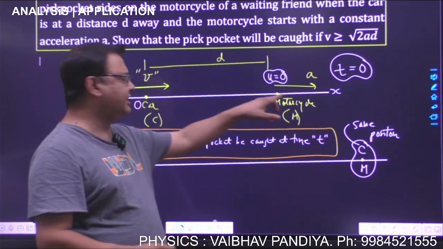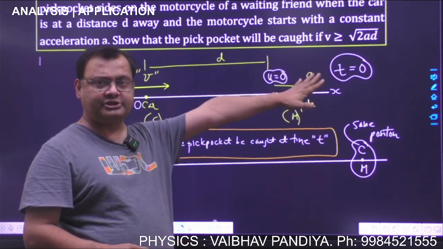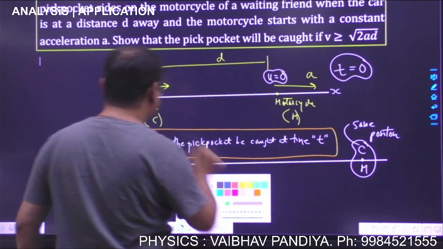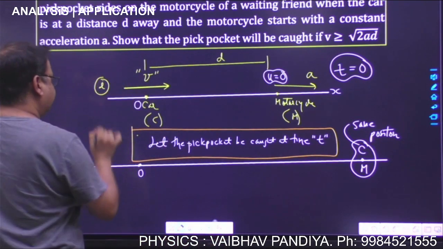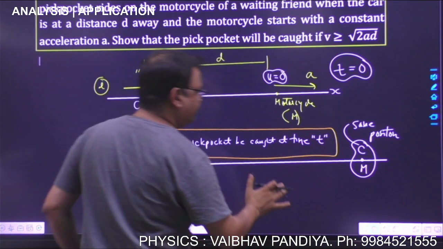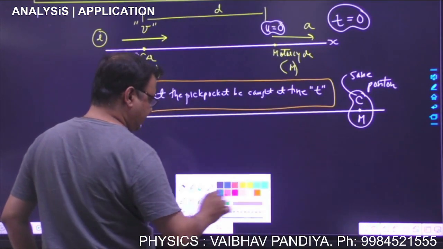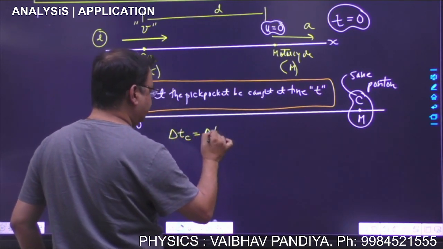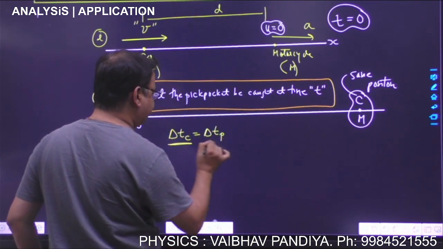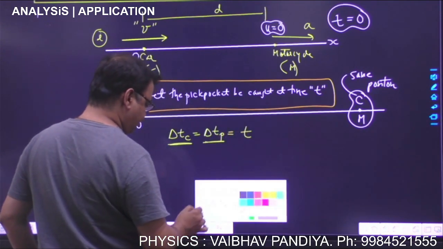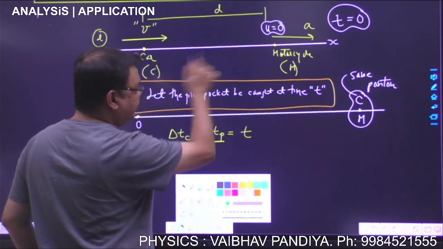Now since the stopwatch indicated time 0 at this instant, I am taking this as the initial instant and this as the final instant. So from I to F, can I say both the car and the pickpocket have the same time of travel? Clear? Because that was the instant t0.